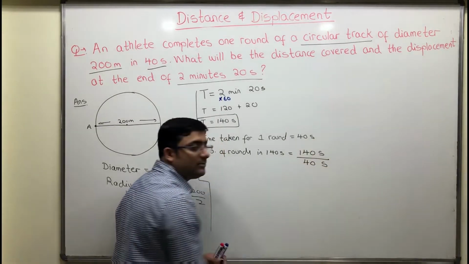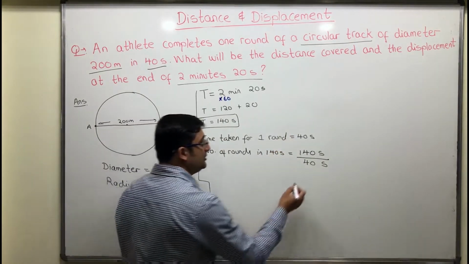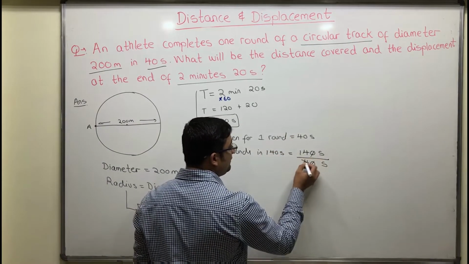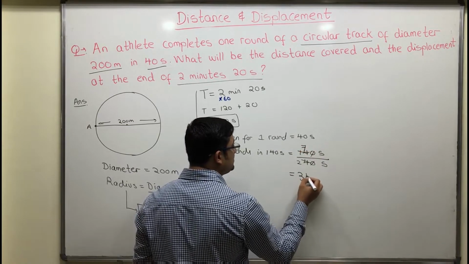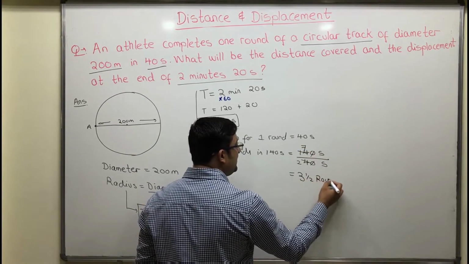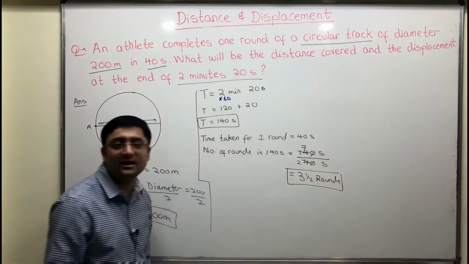I repeat, how do you find the number of rounds? Total time taken divided by the time taken for one round. The zeros cancel. Divide by 2: 2, and 7. 7 by 2 is 3.5 rounds. That means in 2 minutes 20 seconds, the athlete covers 3.5 rounds.